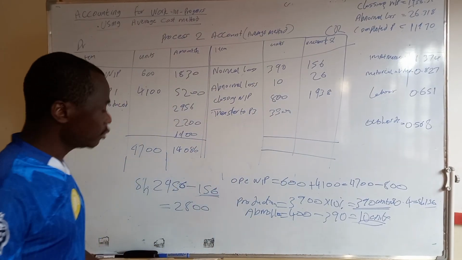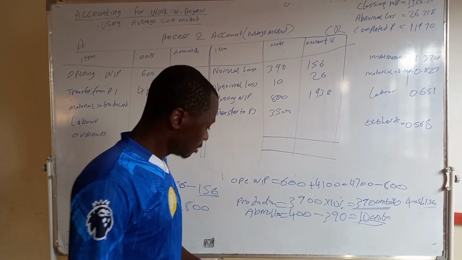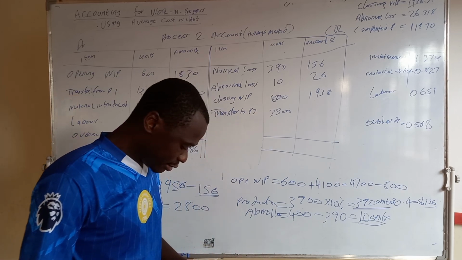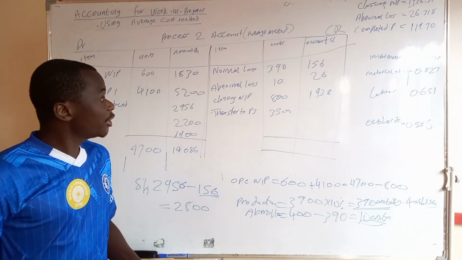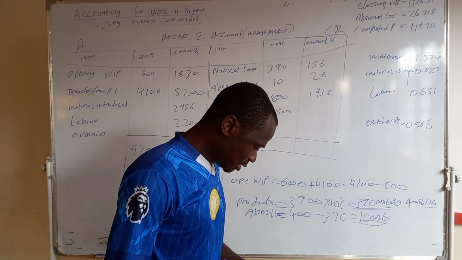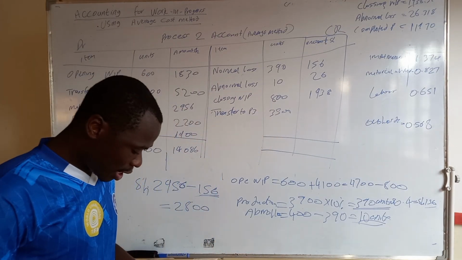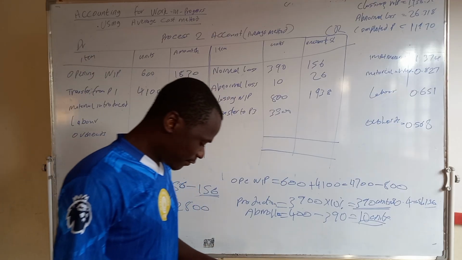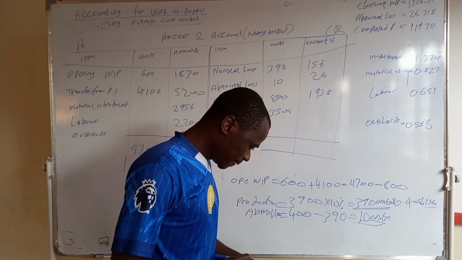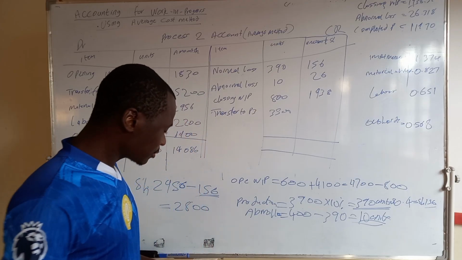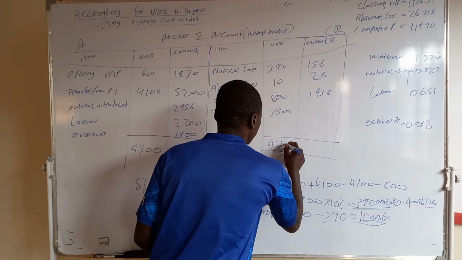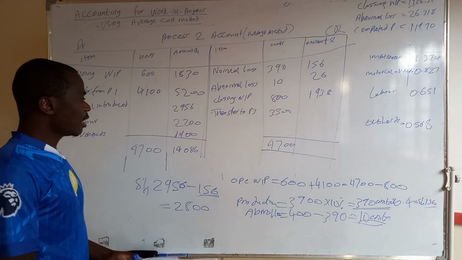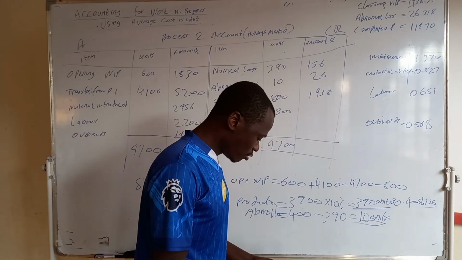Let us do the addition: 390 plus 10 plus 800 plus 3,500. This gives us 4,700. Up to that point, our account has balanced.